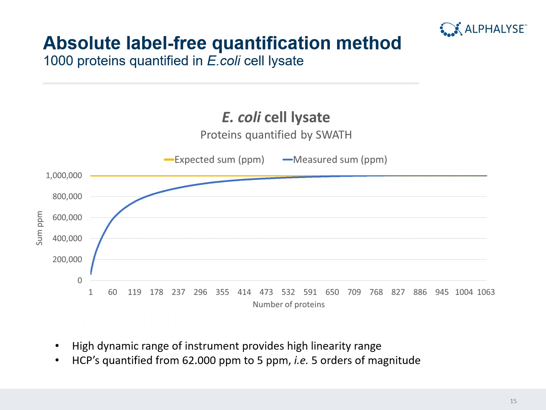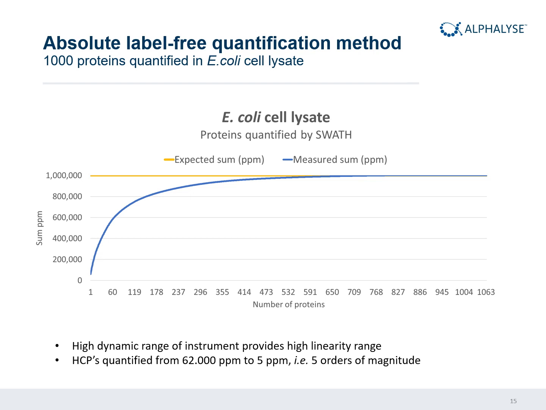We also show this on an E. coli cell lysate. In this case, we have an example of a sample without any drug substance. When we look at the proteins we can identify and quantify, we are able to detect more than 1,000 proteins. The most abundant one is at 62,000 ppm, and then we go all the way down to the low ppm level.